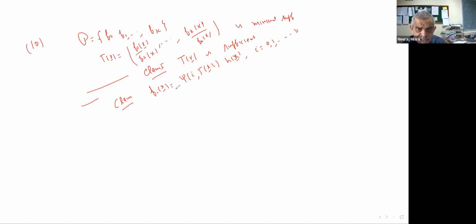So first of all, F0x can be written as F0x. Is that okay? F0x can always be written as F0x. So it would be psi 0. So what should I take as psi 0 of Tx? Anyone? It should be 1, because F0x I'm trying to write down as F0x, and Hx should be F0x.